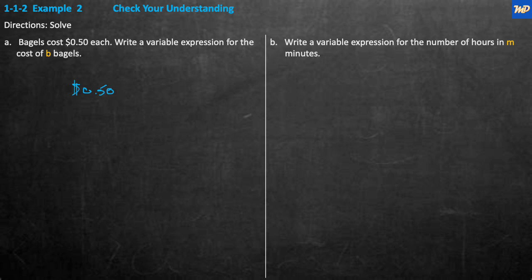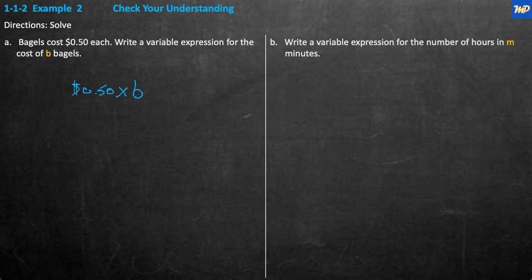So we know that if we multiply this times B, if we have 2 bagels, we're going to have $1. 2 times 50 cents is $1. So there's our variable expression, excuse me, 0.5 times B. Okay?